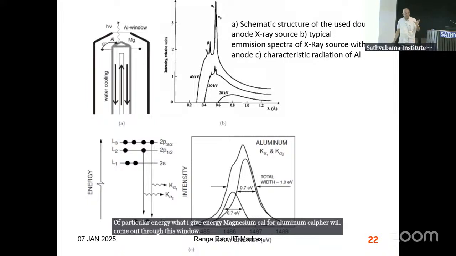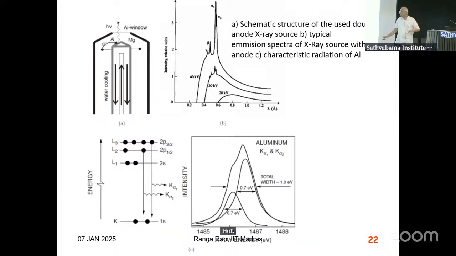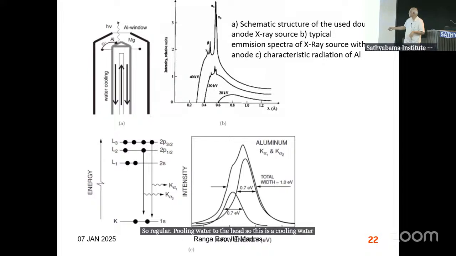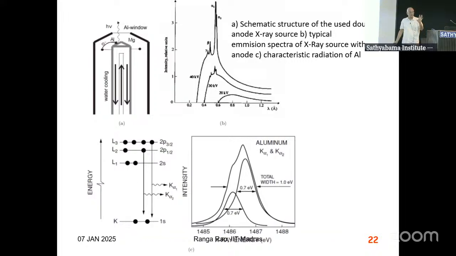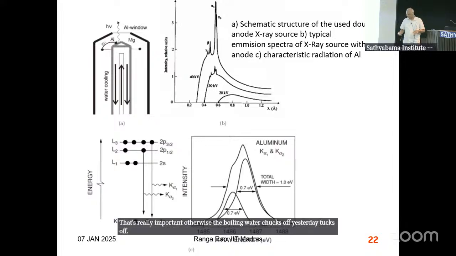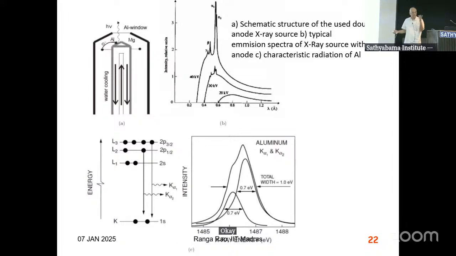It gets very hot, so you have to have cooling water, otherwise the X-ray tube can melt. The cooling water goes in here and comes out from the other side. That's very important, because if the cooling water shuts off, the X-ray shuts off. These are laboratory experiments.